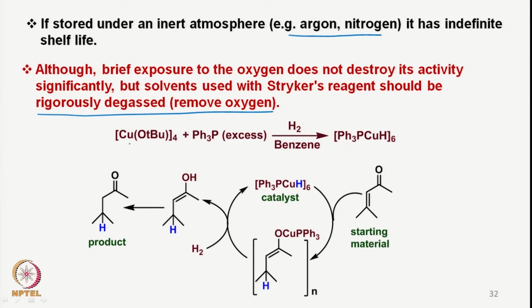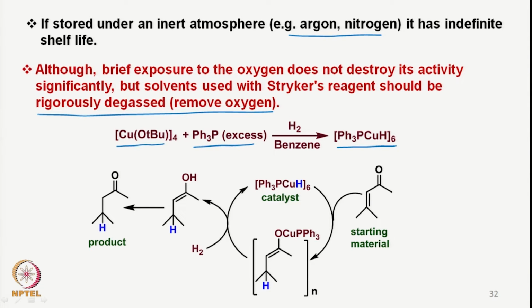Now, how it is made is that you take copper tertiary butoxide and use excess of triphenylphosphine, and in the presence of hydrogen in benzene solvent it gives this hexameric Osborne complex or Stryker's reagent.